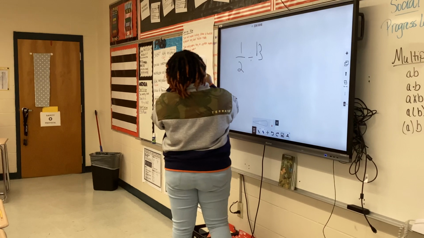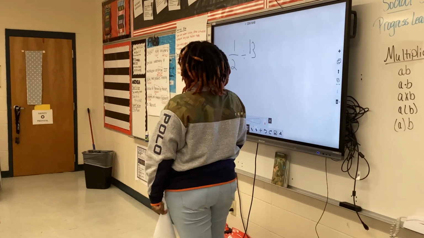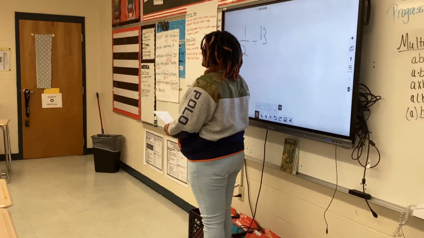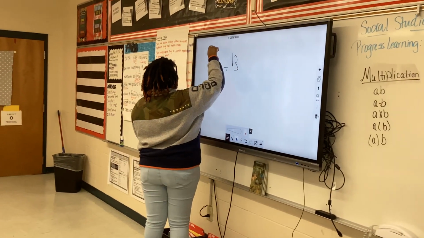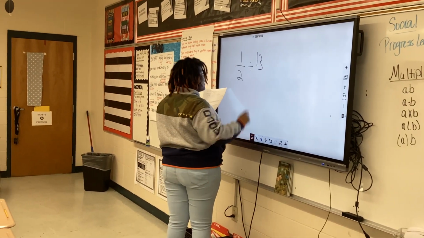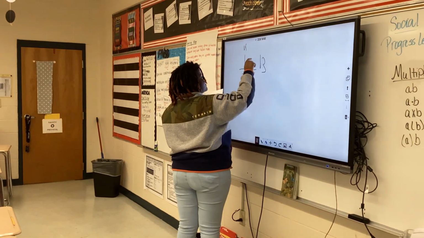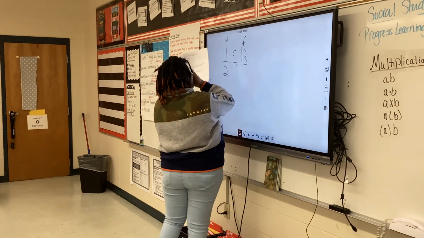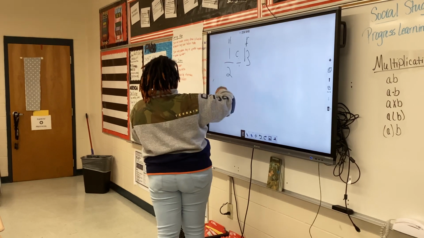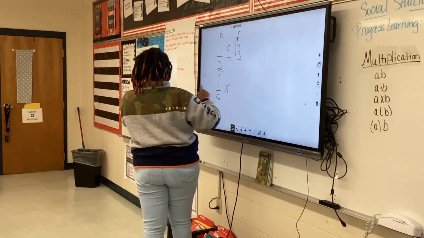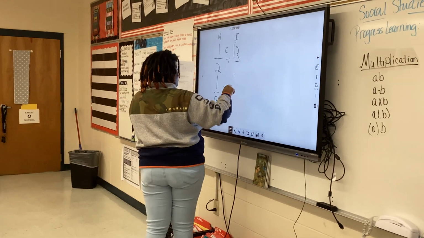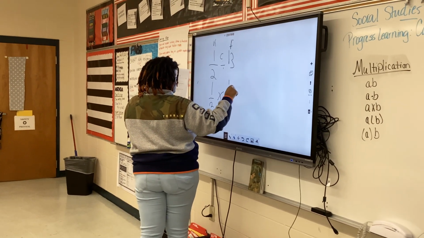Okay, so the method that we're gonna use is keep, change, flip, okay? So we write the K up here, the C right here, and the F right out. And then we write this right here, 2, and then 1 over 13.